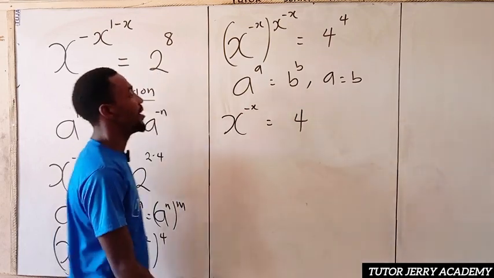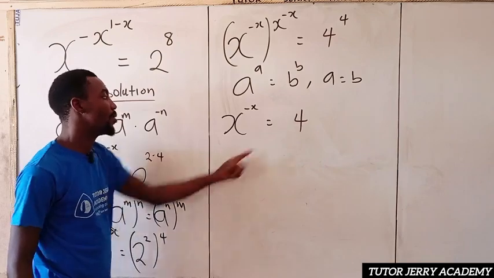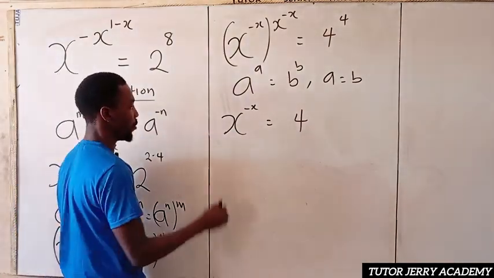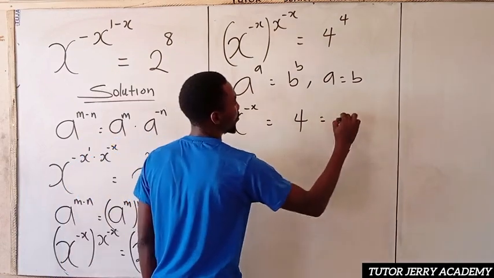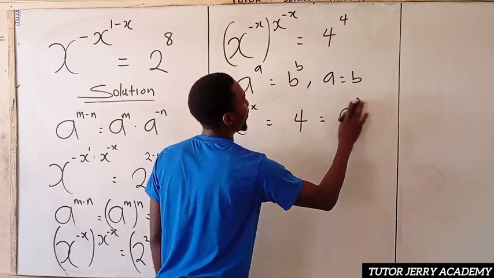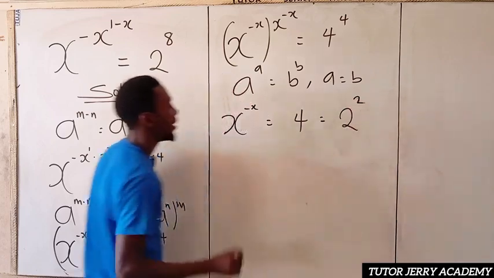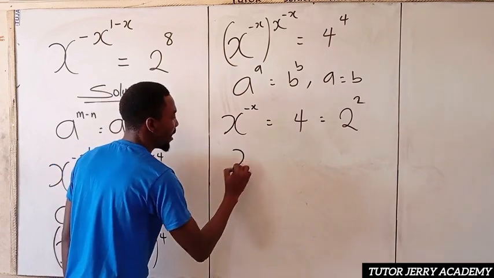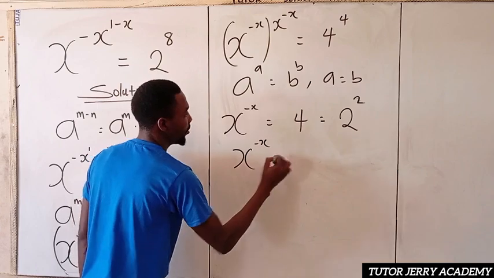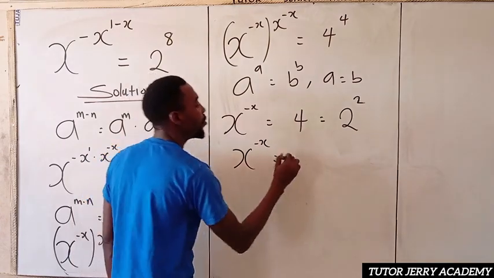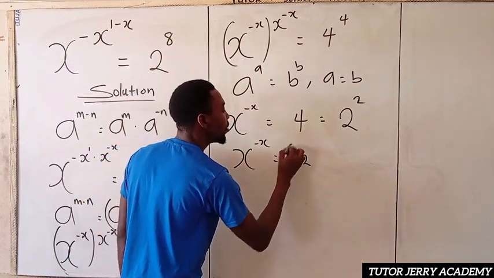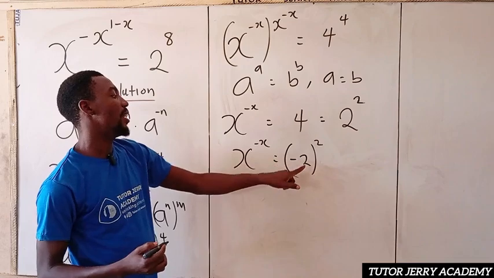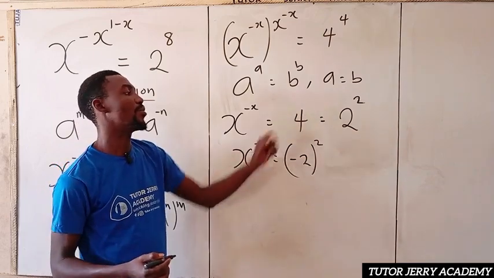All right. Now, again, you are going to note that this our 4, we can write it to be 2 to the power of 2. So this can be equal to 2 to the power of 2, right? All right. Now, again, we know that we can express this as x to the power of negative x, which is equal to, now, if we write this in form of negative 2 into negative 2, we are also correct because negative 2 multiplied by negative 2 is going to give us 4.